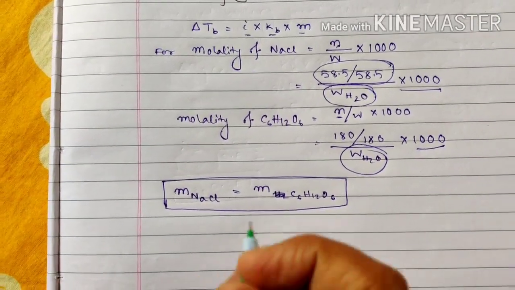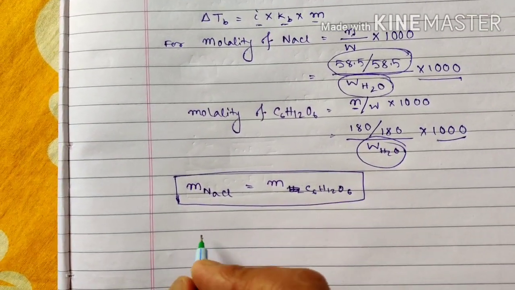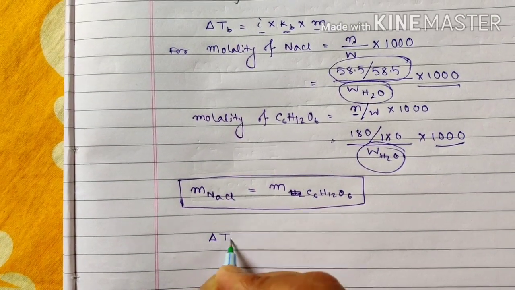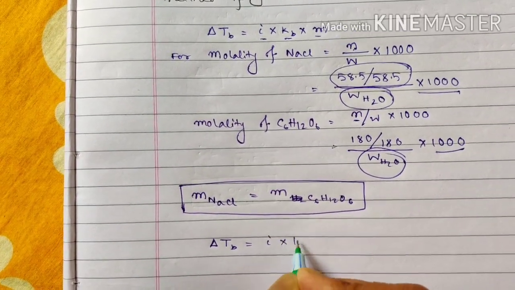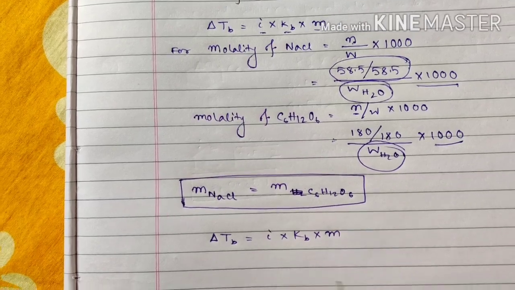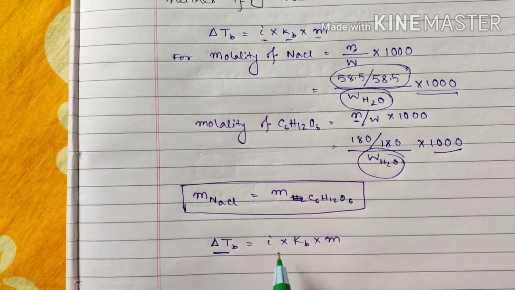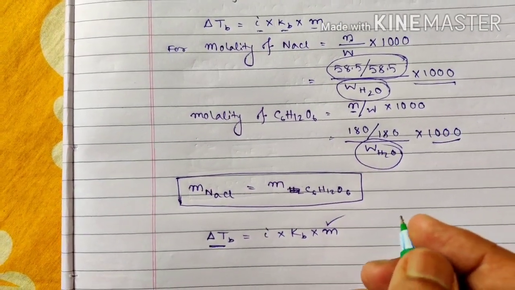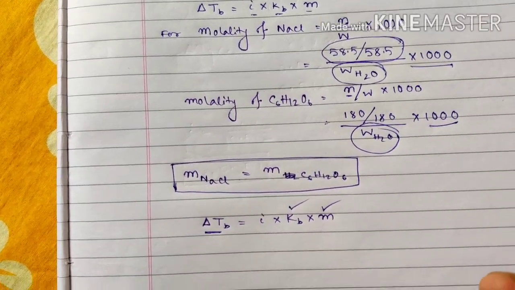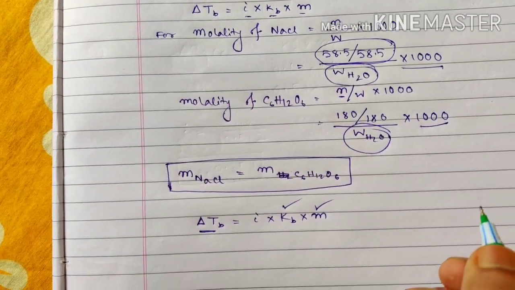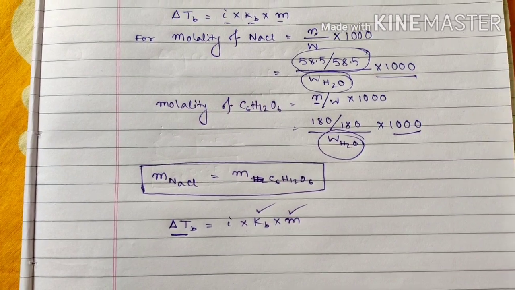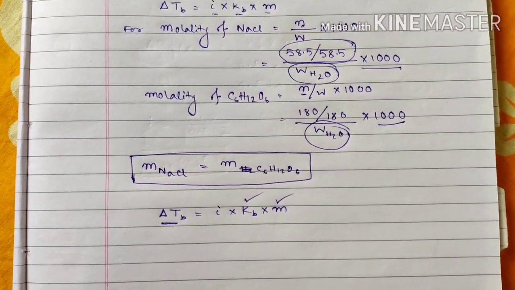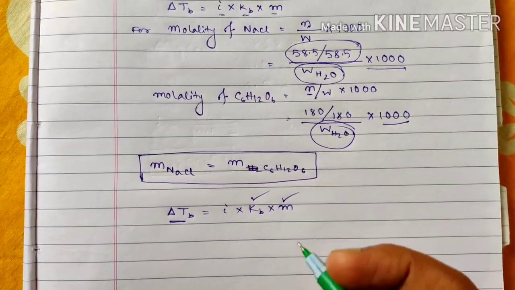So if they have the same molality, then in this formula the molality value for both of them will be the same. The Kb value for both of them will be the same because the solvent is the same. So the molal boiling point elevation constant for water is the same for both of these.